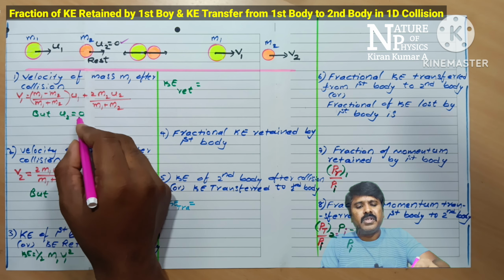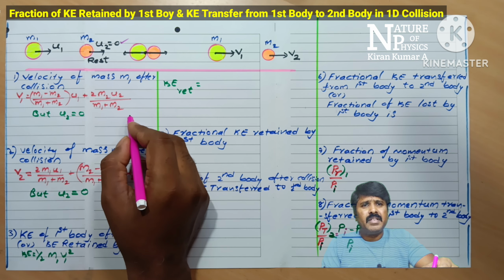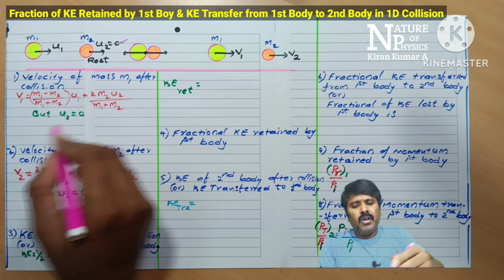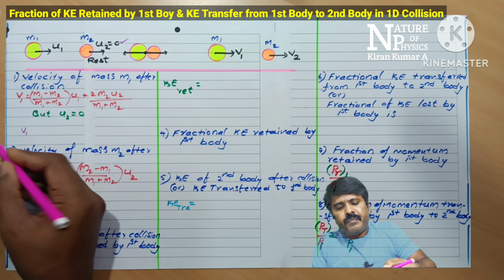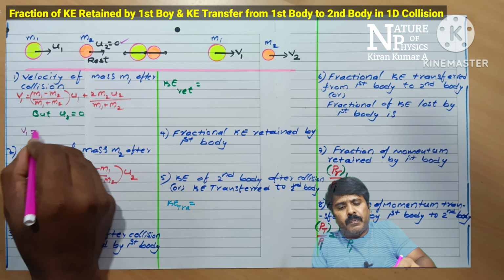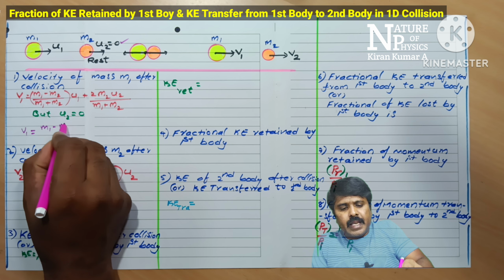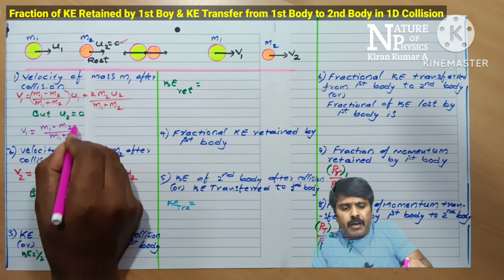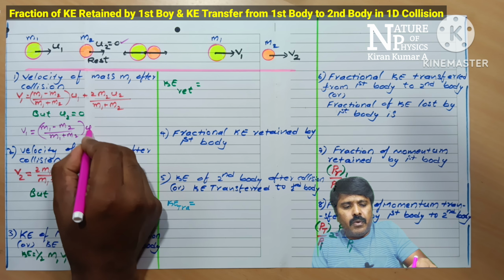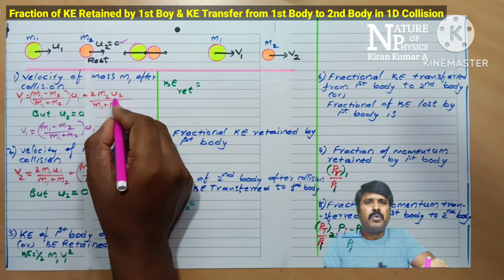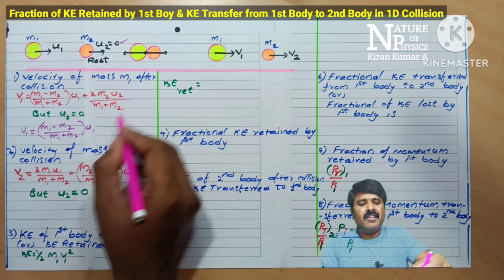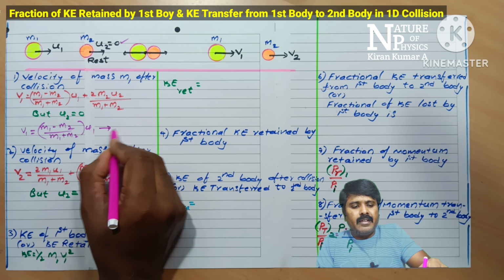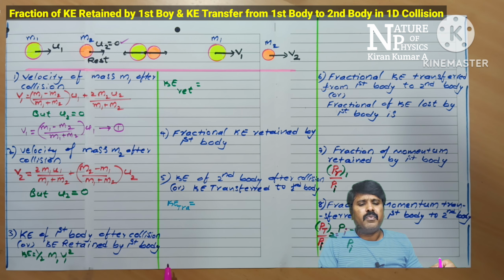But according to the question, the initial velocity of the second body is 0, so v1 is equal to (m1 minus m2) divided by (m1 plus m2) of u1, and the u2 term is 0 times anything, 0. I can write this as equation number 1.